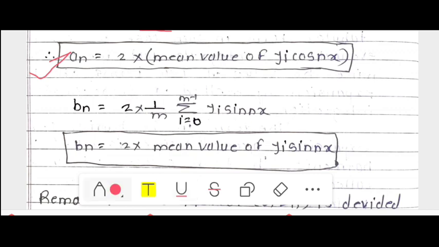Similarly, the next Fourier coefficient bn is calculated by using the formula 2 into 1 upon m summation i runs from 0 to m minus 1 yi into sin nx. That is, bn is calculated as 2 into the mean value of yi sin nx.